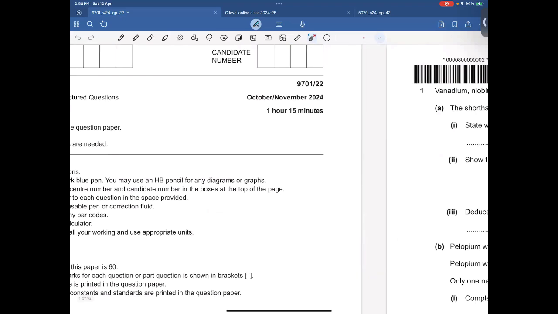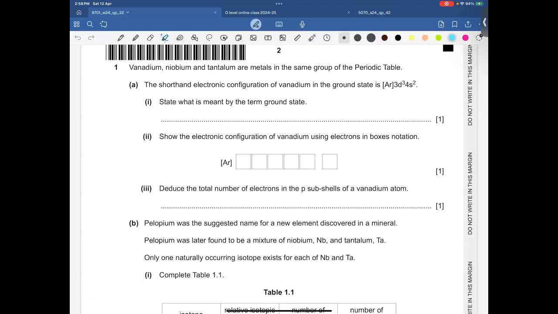Let's start question number 1. Vanadium, niobium, and tantalum are metals in the same group of the periodic table. The shorthand electronic configuration, also called the short form of electronic configuration of vanadium in the ground state, is this.